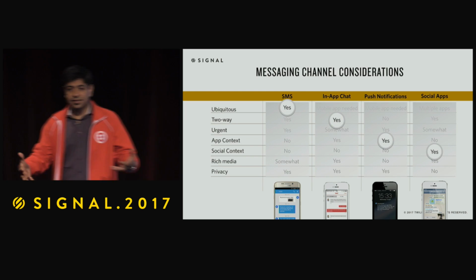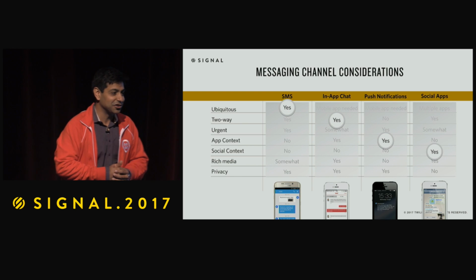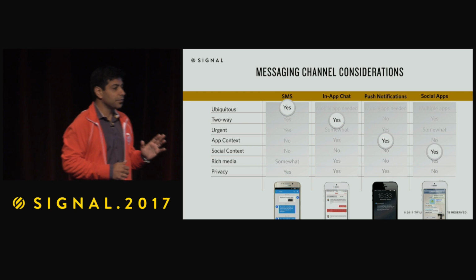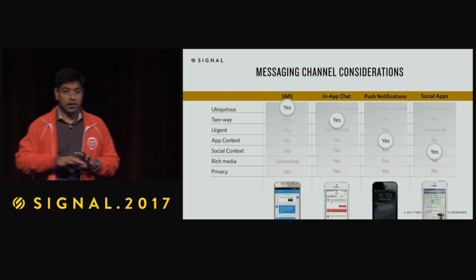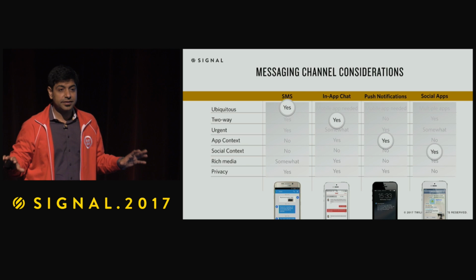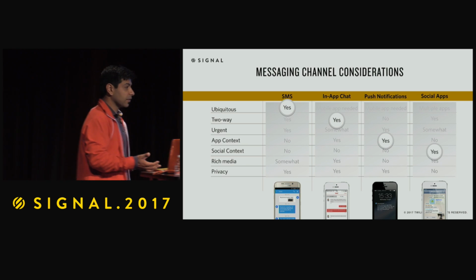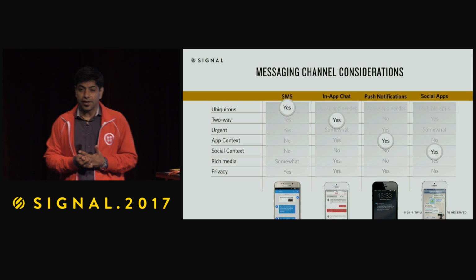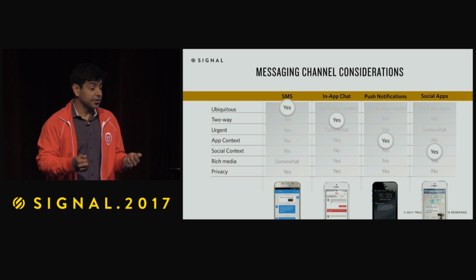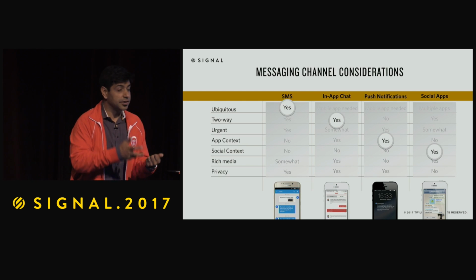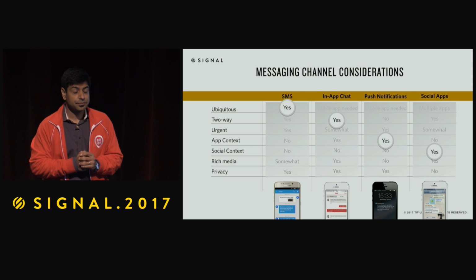If you were really to distill all of this into something that is digestible, at least in this session here: if you're trying to build a messaging application that is ubiquitous, where you want to reach all people with a cell phone or all people with a mobile phone, choose SMS because that's ubiquitous. But if you're trying to do a two-way experience with people that have your mobile app, in-app chat is going to be a lot better because it's going to be richer and it's going to have the context of all the other information that you have in your mobile apps.